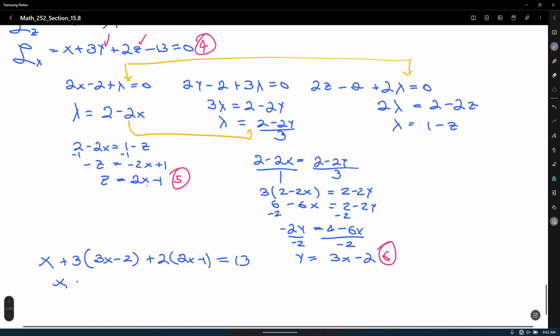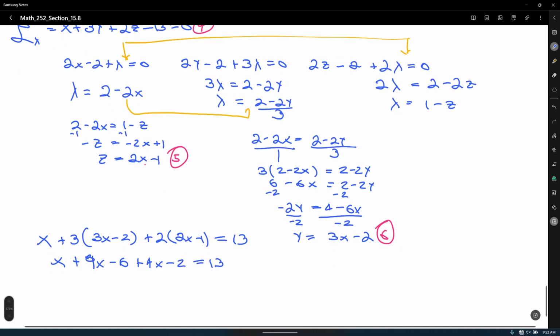That's just a linear equation in terms of x: x plus 9x minus 6 plus 4x minus 2 equals 13. Just combine like terms, so 1 plus 9 equals 10, plus 4 equals 14, and negative 6 minus 2 is negative 8. That is 14x minus 8 equals 13.